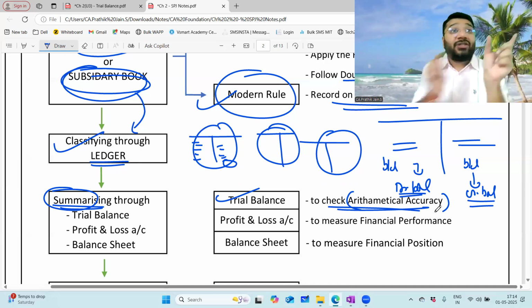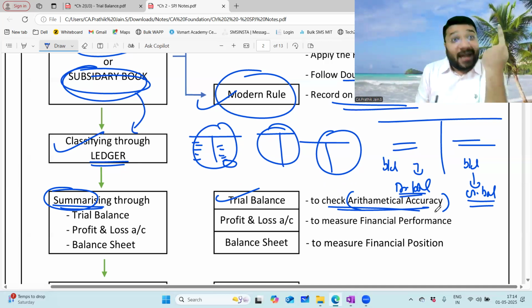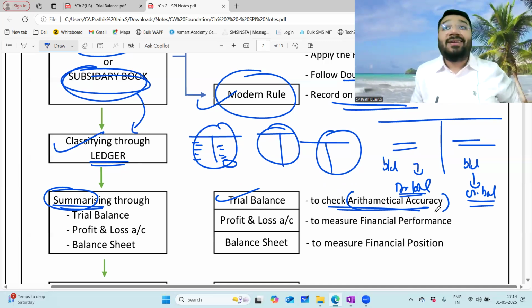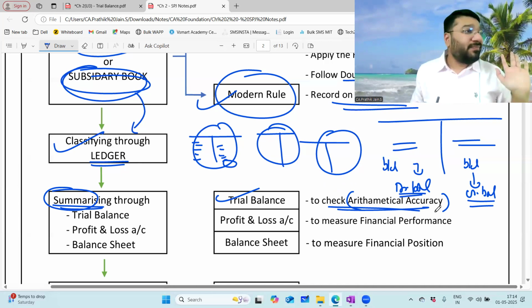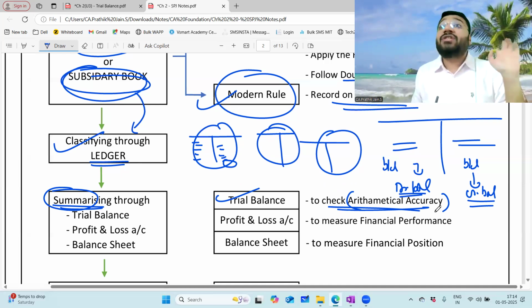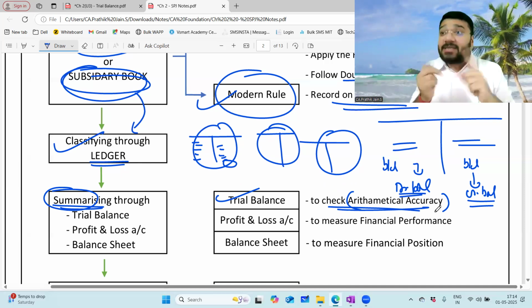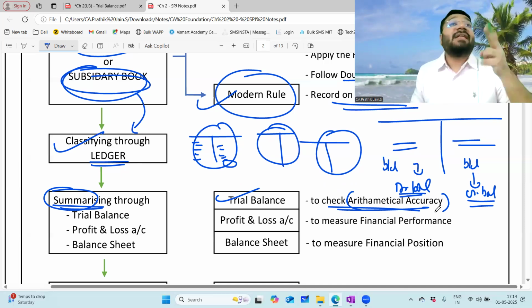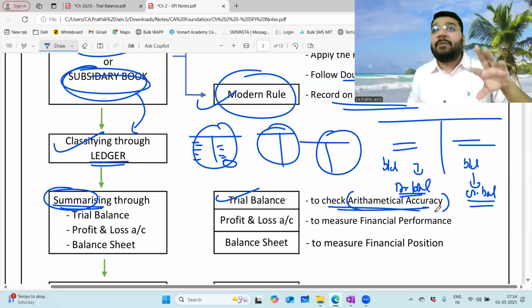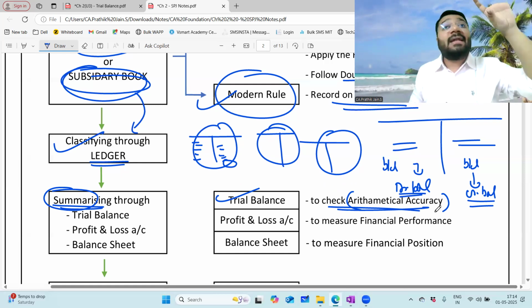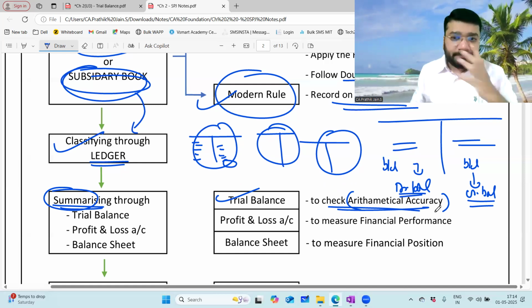But the ledger balance you have to pick and record where? In the trial balance. If even one ledger you forget to pick, the trial balance will not tally. So these kinds of errors, which are one-sided errors, are identified by preparing the trial balance. If the trial balance is not tallying, there are chances of a one-sided error. About one-sided or two-sided errors, I'll be discussing in depth in the rectification of errors.